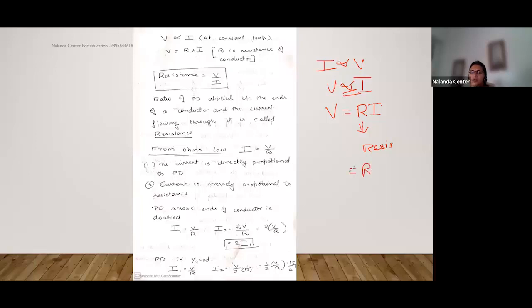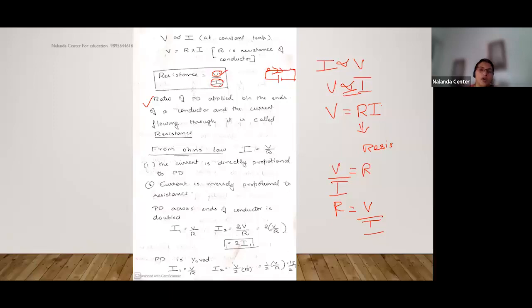R is equal to V by I. One of the definitions of resistance is the ratio between the potential applied between the ends of a conductor to the current flowing through it. The ratio between the potential applied across a conductor to the current flowing through the conductor is known as resistance.